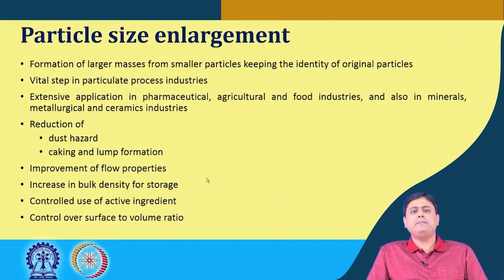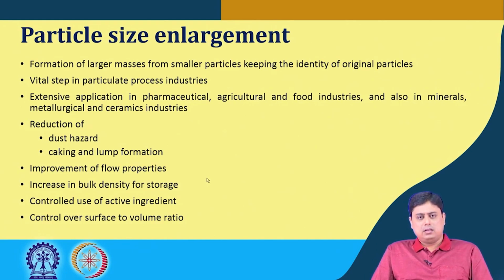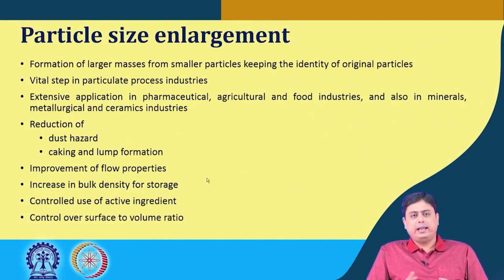So, where we already have fine particles, but we need some agglomerates. And why is that so? Because by doing so we can reduce the hazards associated with fine particles, for example the dust hazard, the safety hazard or health hazard related to fine particles.